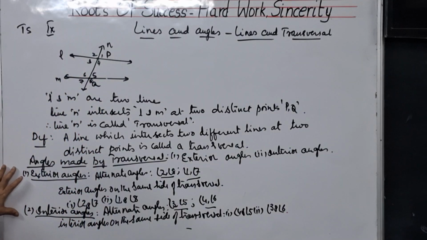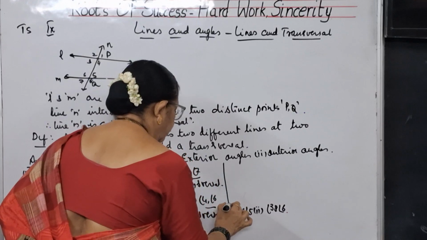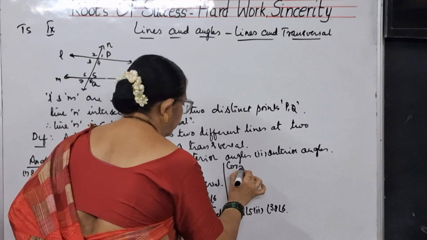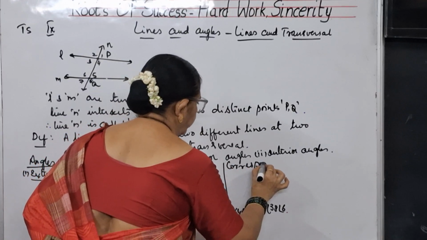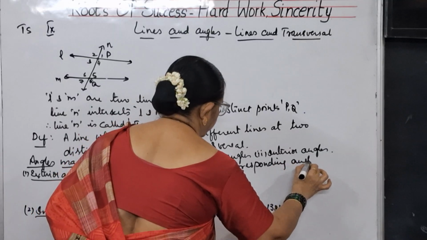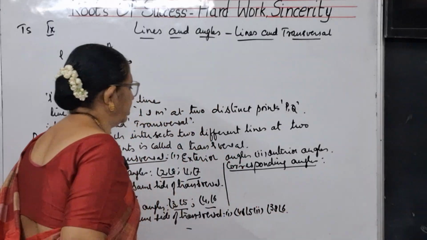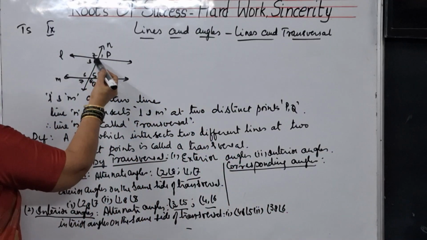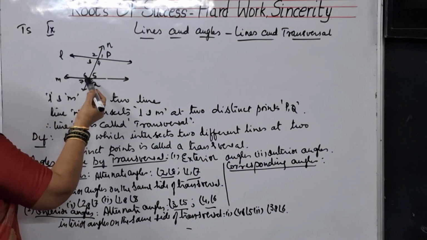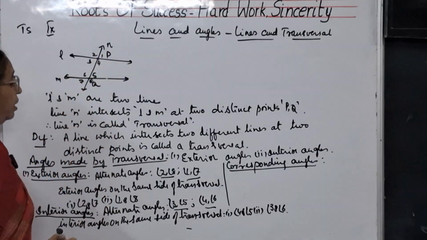Apart from these, you have got another set of angles called corresponding angles. What are corresponding angles? Corresponding angles means you take one angle on the exterior and one angle on the interior, on the same side of the transversal.